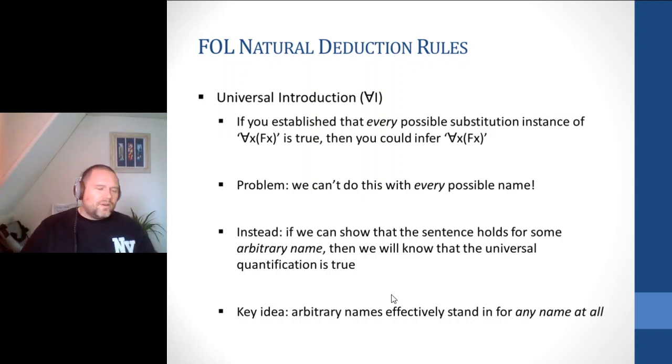That is, if we could show that A's an F, and B's an F, and C's an F, and D's an F, and E's an F, and so on and so on for every possible name, then we could infer everything's an F. Of course, the problem is we can't do this with every possible name because there's an infinite number of possible names.